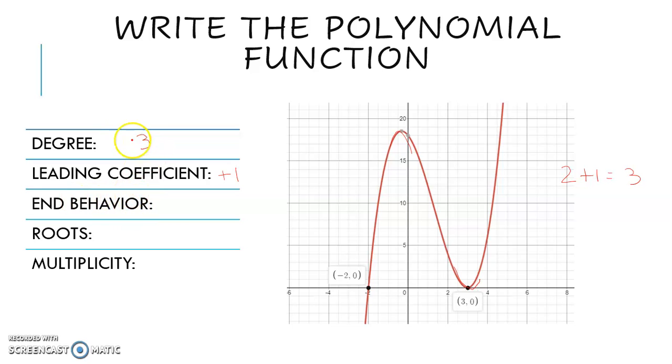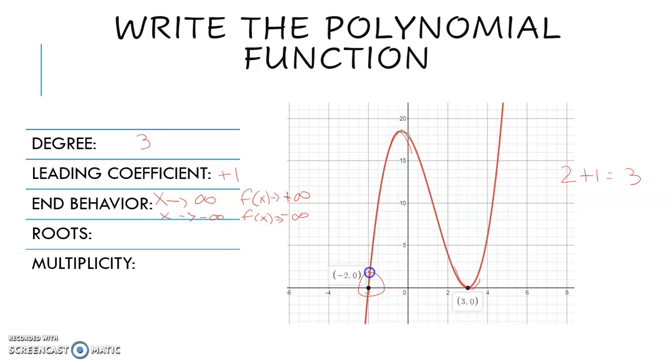Okay, so that end behavior based on the odd degree and positive a: as x goes to positive infinity, f of x goes to positive infinity, and as x goes to negative infinity, f of x goes to negative infinity. Okay, so real quick, make sure you review your notes and write that using that terminology.